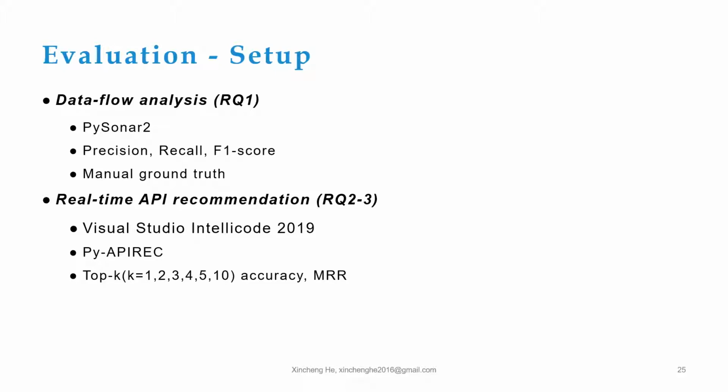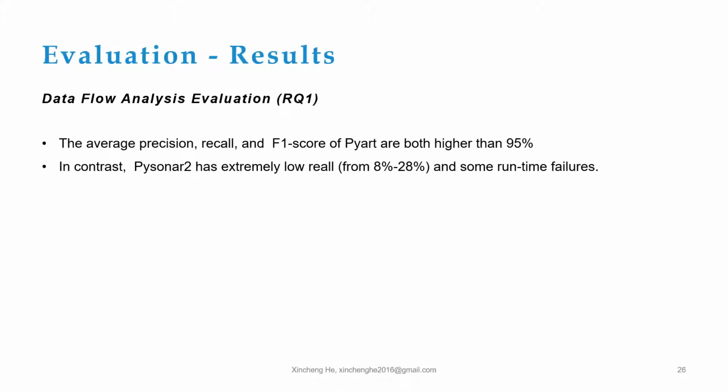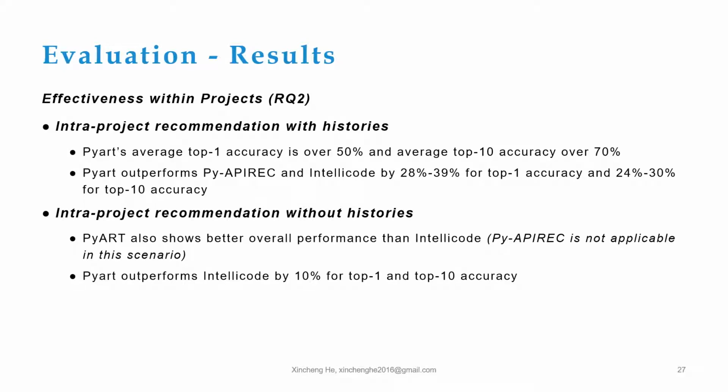For data flow analysis evaluation, the average precision, recall, and F-score of PyART are all higher than 95%. In contrast, the baseline has extremely low recall from 8% to 28% and has some runtime failures in a few cases too. Since the baseline APIREC is not applicable without histories, we set different evaluation scenarios.